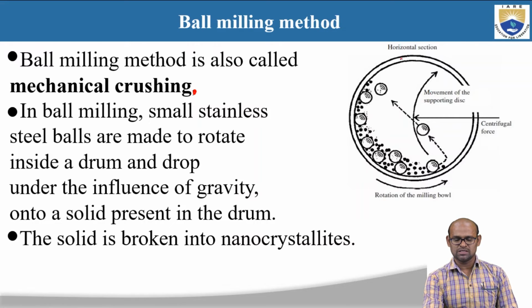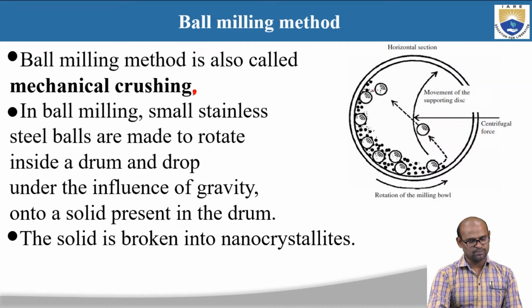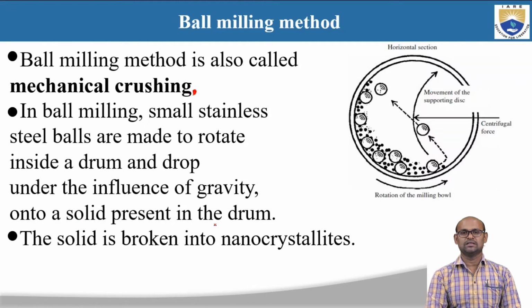So this is the experimental setup of the ball milling method. In ball milling, small stainless steel balls are made to rotate inside a drum and drop under the influence of gravity onto a small solid present in the drum.